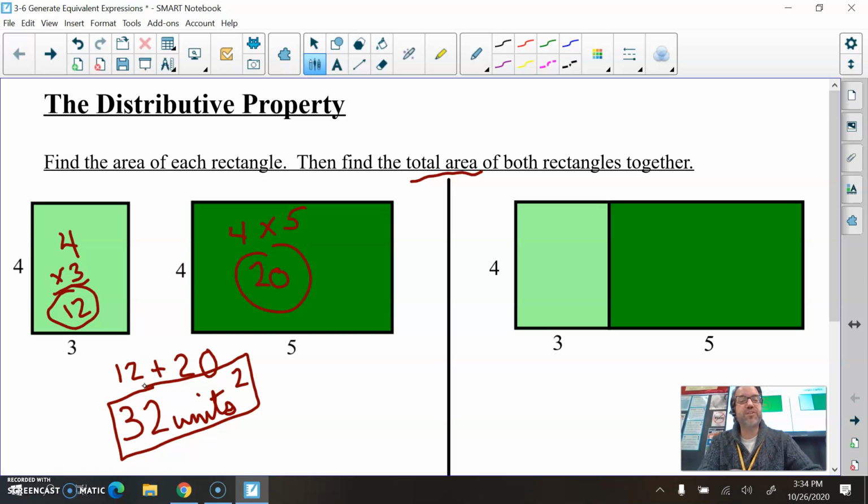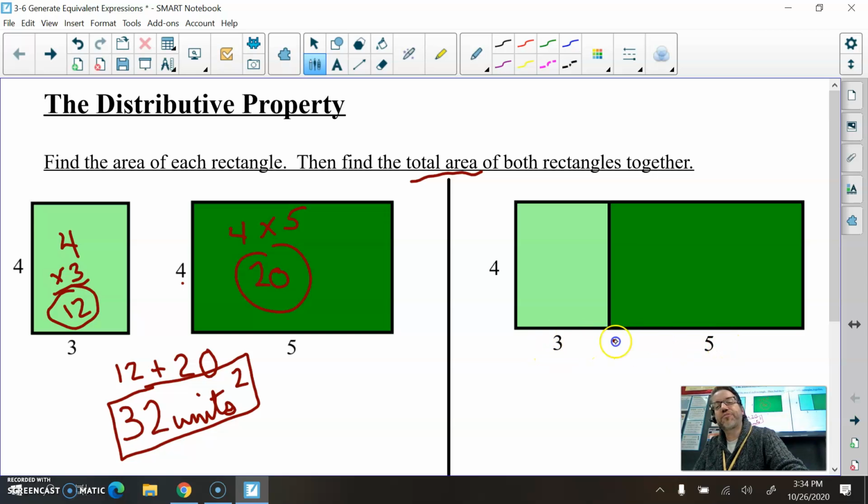Now, what if I took these two rectangles and just slid them together, clicked them together, and we'd have one super rectangle or one big rectangle combined by putting these two smaller rectangles together. They both have the same width of 4. This one had a length of 3, this one a length of 5.